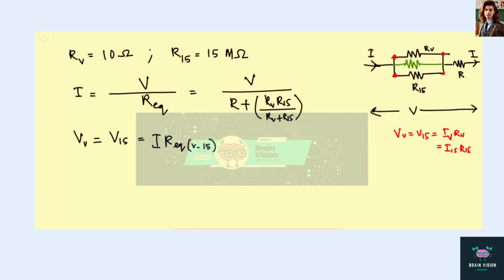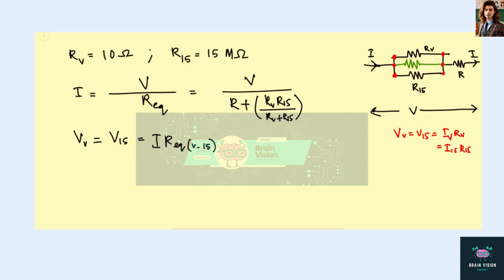That will give you the same answer. So now you are finding the voltage between these two points by taking the total current and multiplying it with the equivalent resistance of the parallel combination.